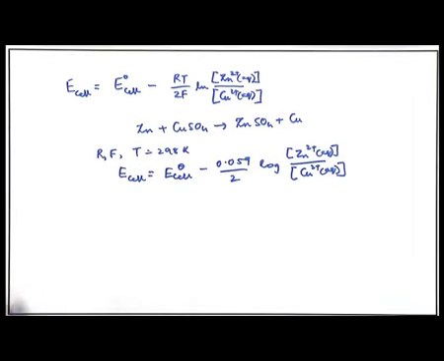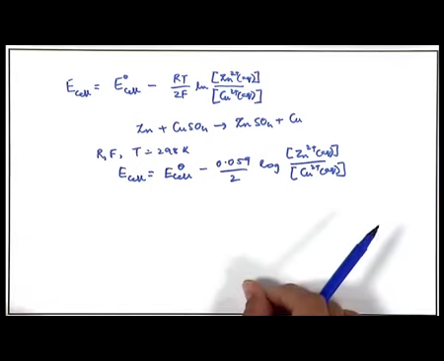Okay. So, what have we learned? We have learned in this particular lecture that by coupling with the standard hydrogen electrode and constructing a cell with an unknown half cell, you will be able to find out the half cell potential.